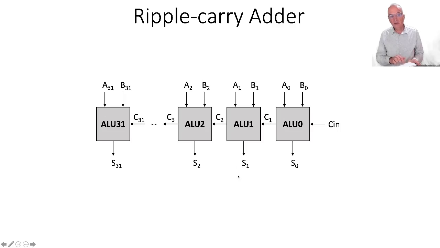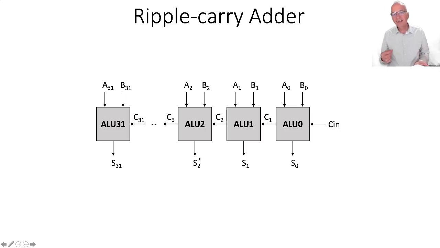But I cannot complete this sum at the end of time 1 because I did not know the value of the carry in for that box. So at time 2, I could complete the second bit. At time 3, I can complete the third bit, and so on.